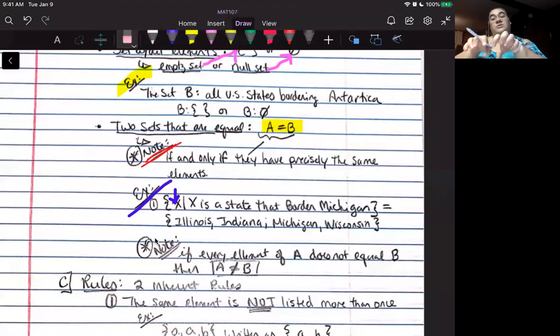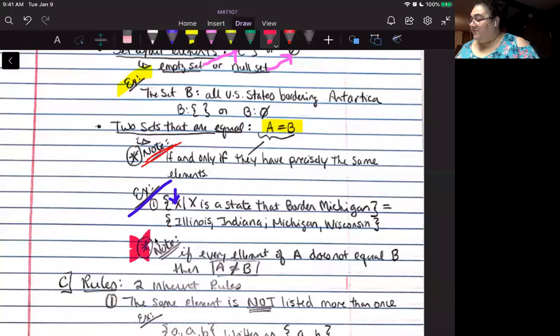If one of those sets does not contain one of the other elements, then those two sets are not equal. If one of those sets includes one extra element that is not found in the first set, then those two sets are not equal. Okay? So you have to bear that in mind. I'm going to put a little star here for you so you can remember that that is important, okay?